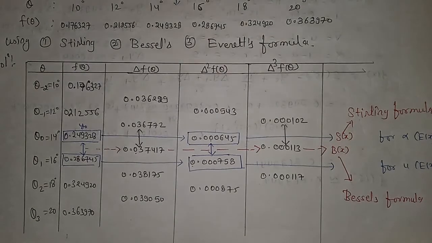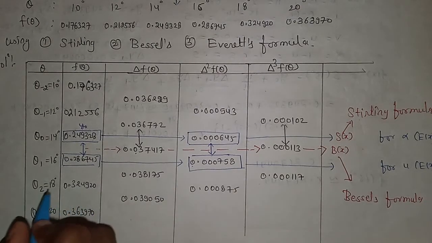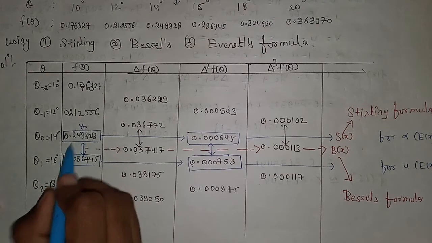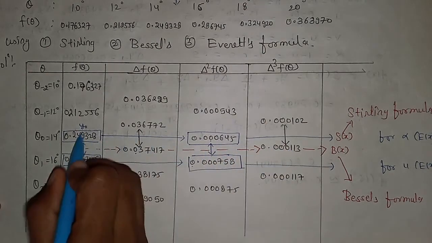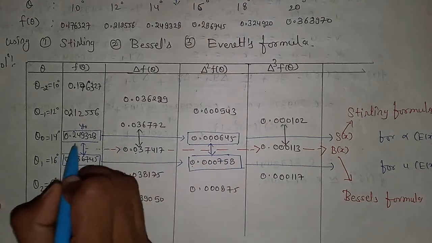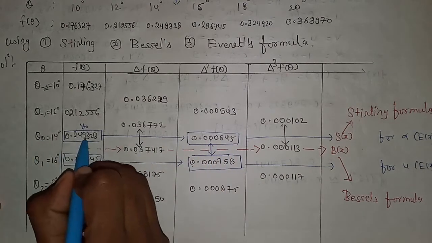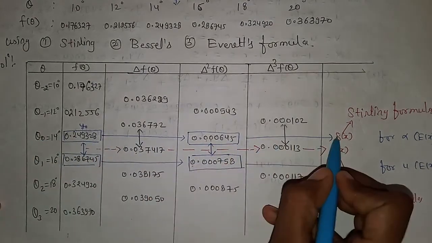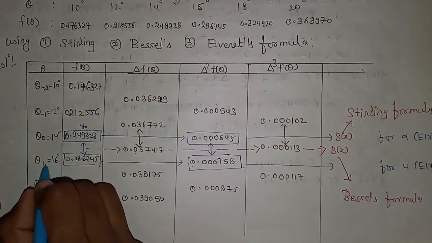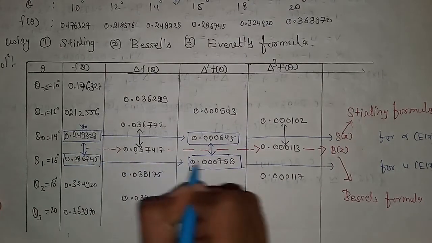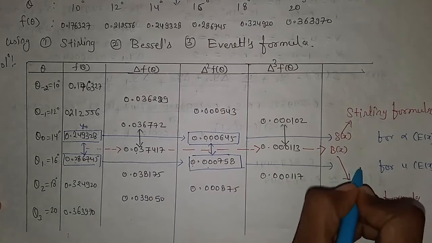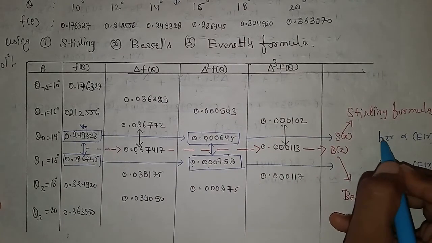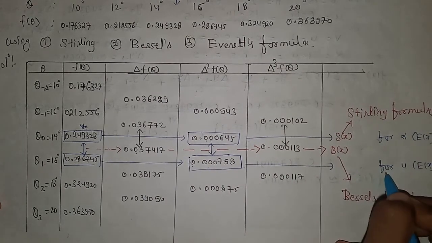Again we have to calculate for Everett's formula. For Everett I have drawn the straight line and boxes are there. This is y0, then the first second difference, then this is y1, and this is for u. So this is the Everett formula. This is for alpha and this is for u.